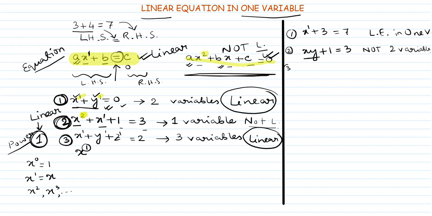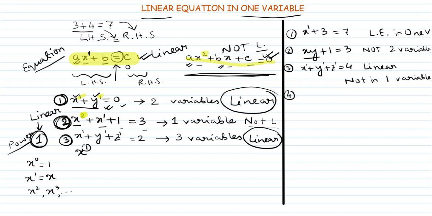Third one, let us say x plus y plus z equal to 4. It is linear. Why? Because the powers of the variables are 1, but not in one variable, correct? Because there are 3 variables.